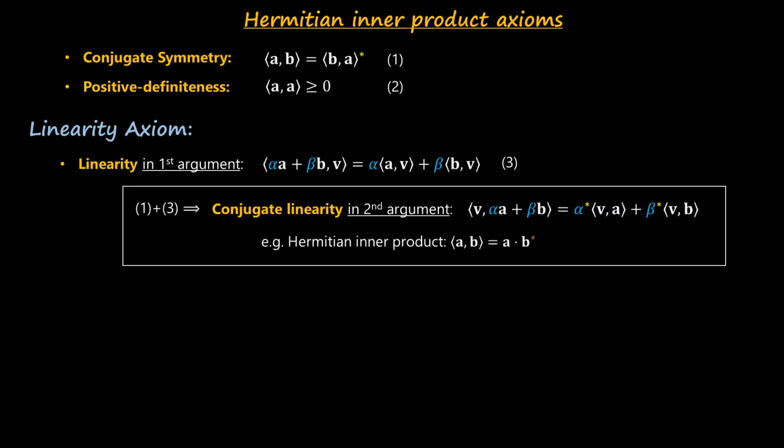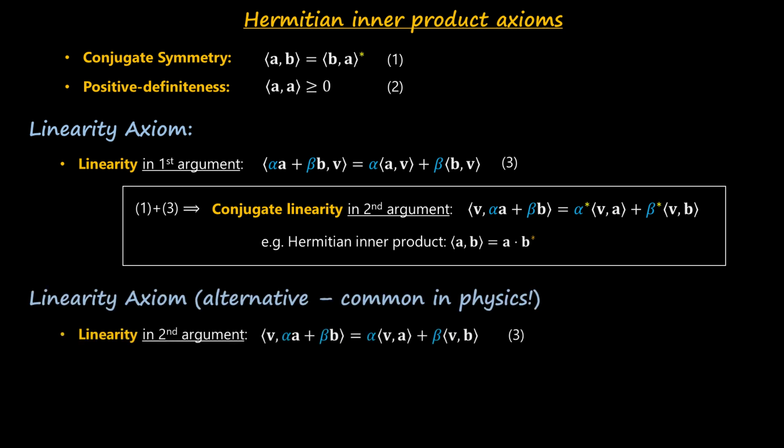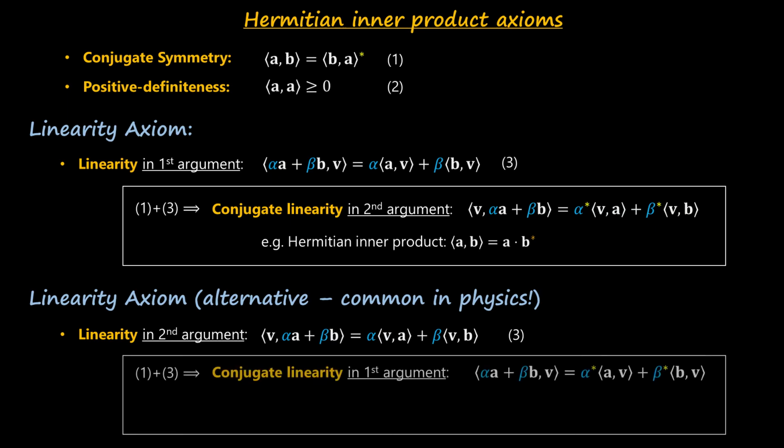However, many books and lecturers, especially in physics, prefer to define the inner product in a different way, with linearity in the second argument rather than in the first. Then, by combining axioms 1 and 3, we find that the inner product must be conjugate linear in the first argument. So basically the same as before, but the other way around. In this case, the inner product would be defined as the dot product of the conjugate of A times B.